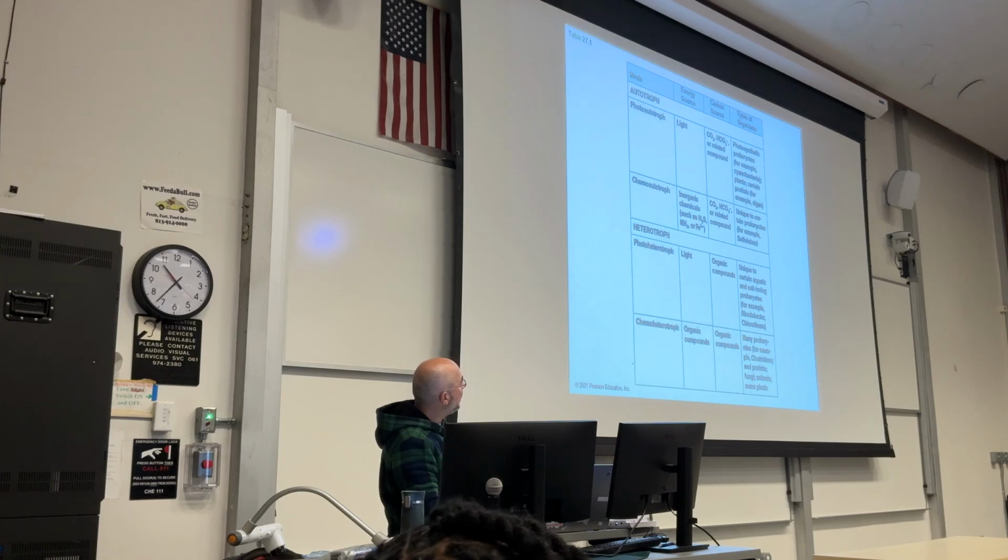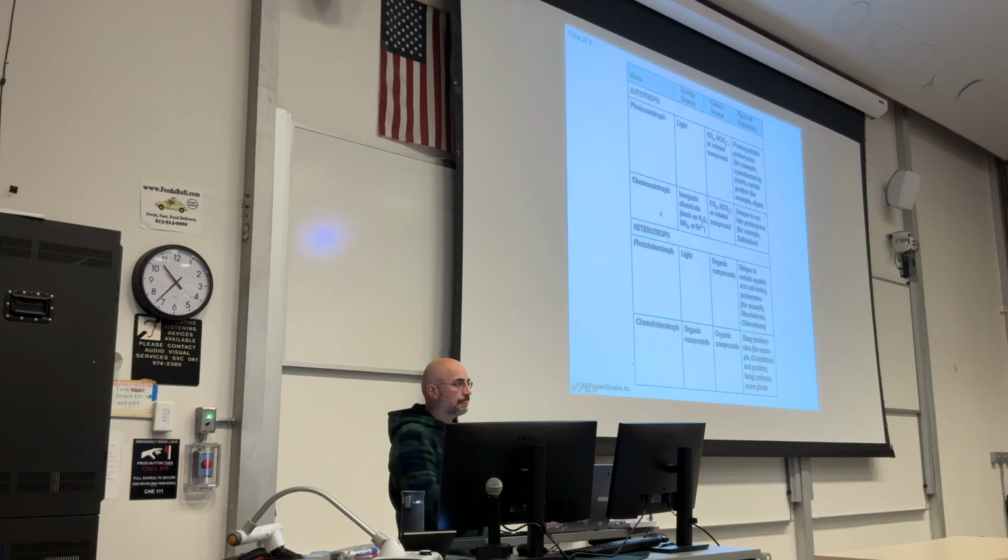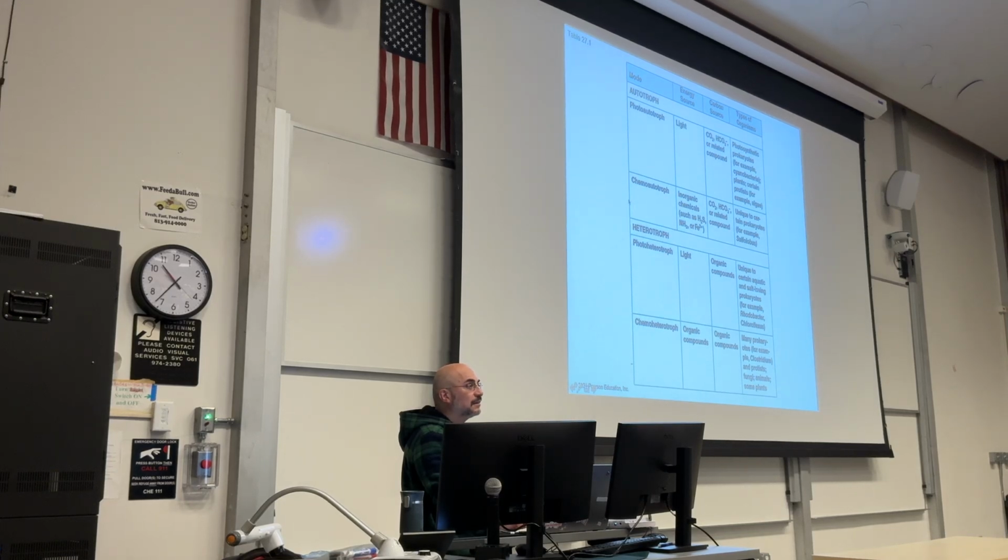What other place we would have chemoautotrophs in early Earth? So what was first? Let me rephrase that question. What do you think was first in early Earth? Chemoautotrophs or photoautotrophs? Sun. Say it again?